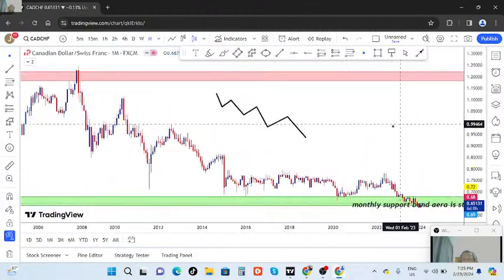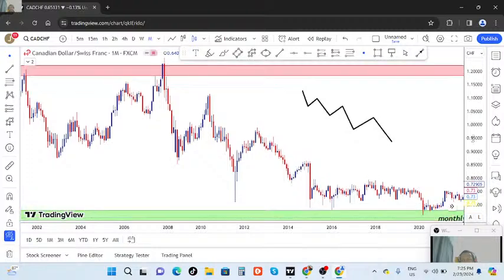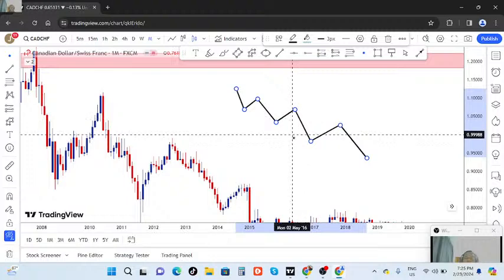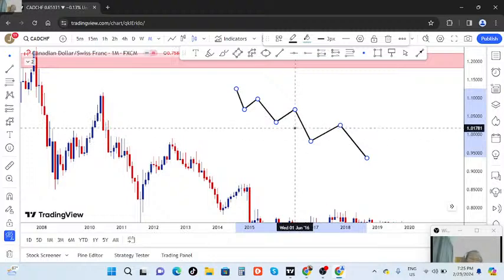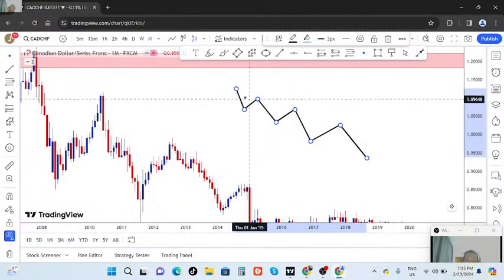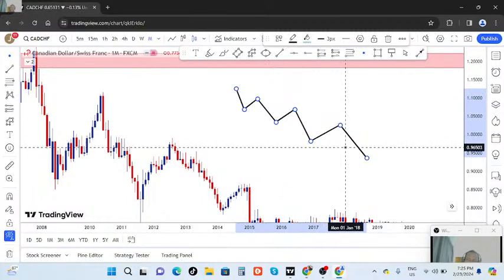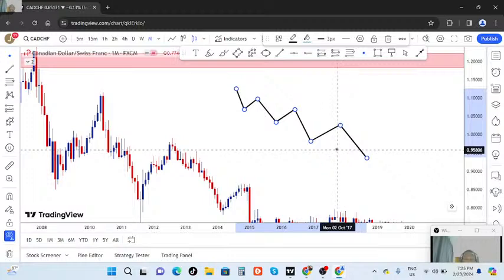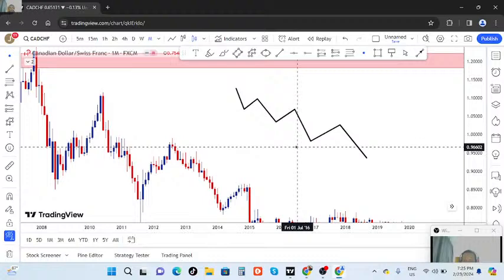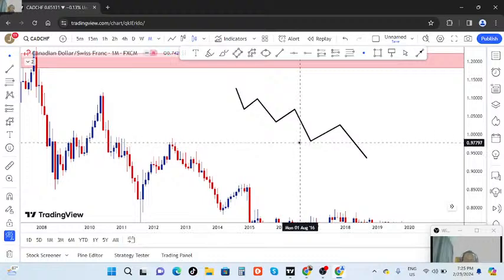But one thing many of us are not taught is that this short-term trend is what creates the market structure. This short-term downtrend we are seeing here is what creates the market structure trends.